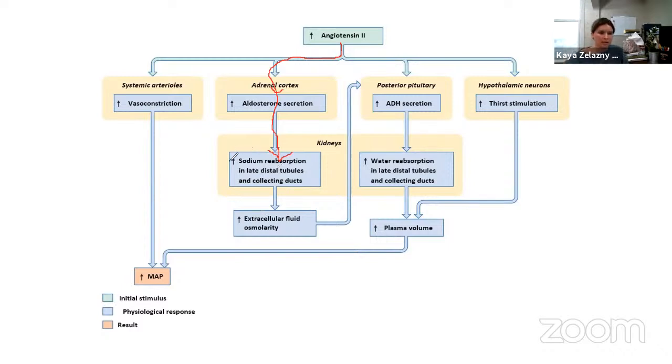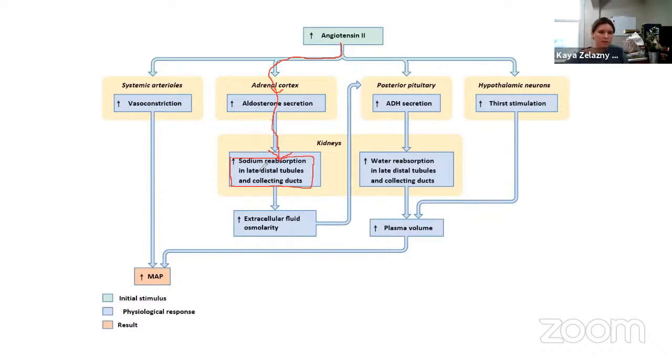As we increase sodium reabsorption, we're increasing the sodium concentration in the plasma. So we're making our blood saltier. Now, that is not our ultimate goal, actually.